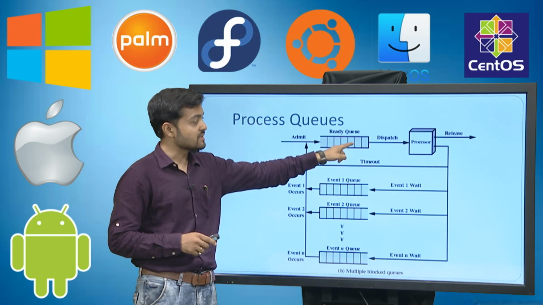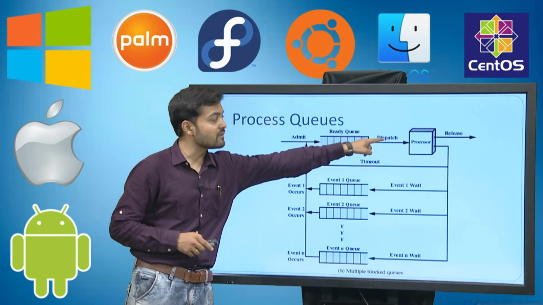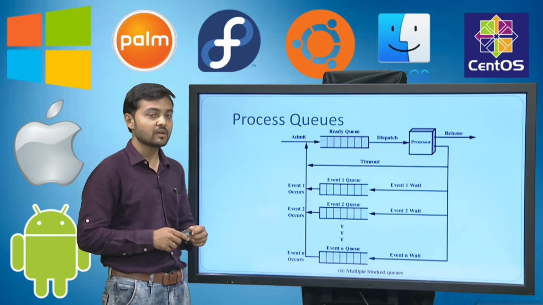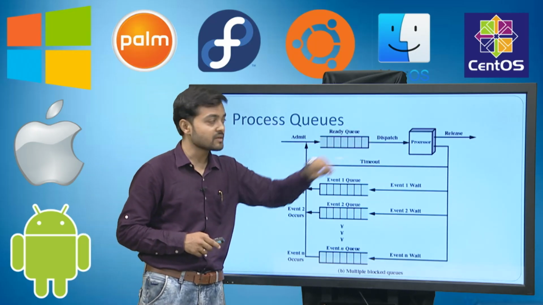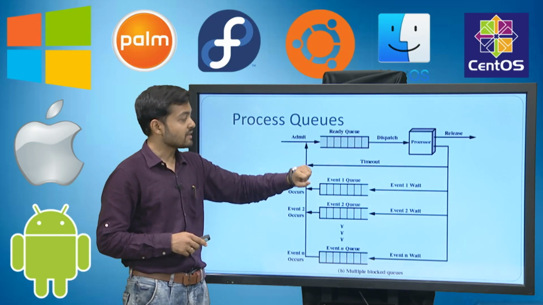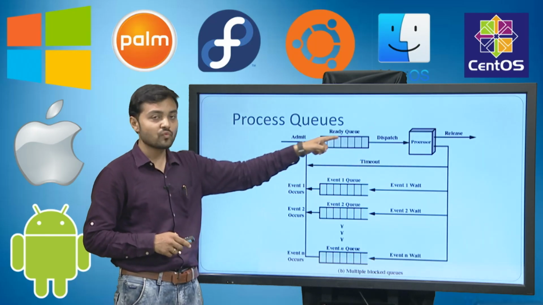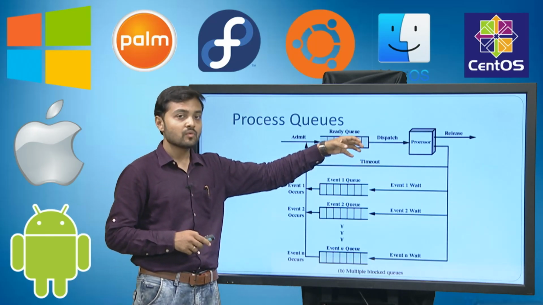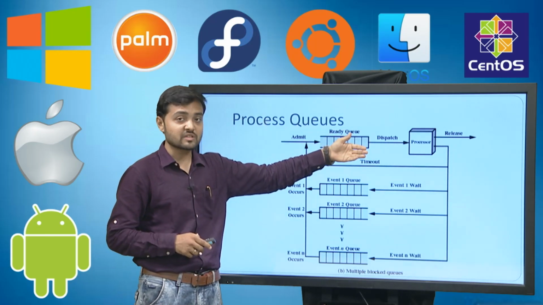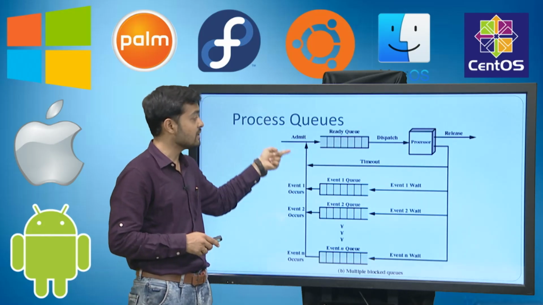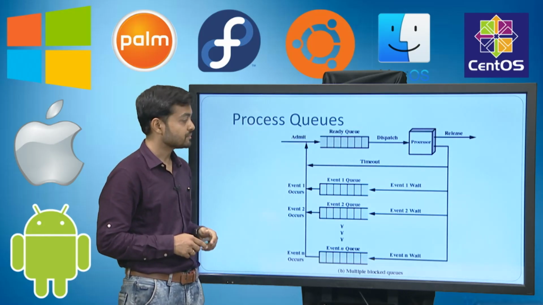Whenever any process gets dispatched, it will be given to the processor and it will go from ready state to the running state. Whenever some timeout occurs, the processor will be snatched from the process and it will be placed at the end of the ready queue.